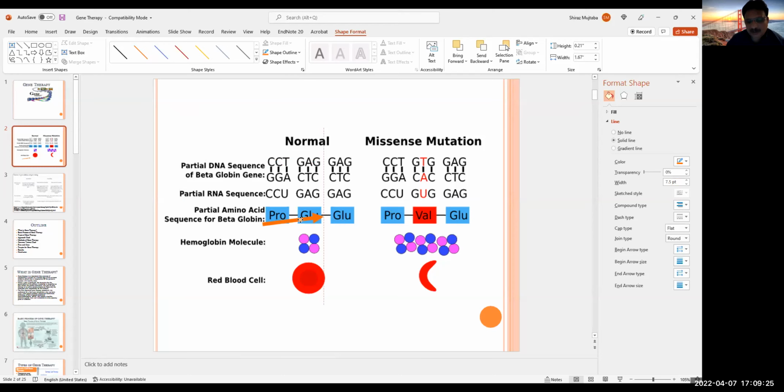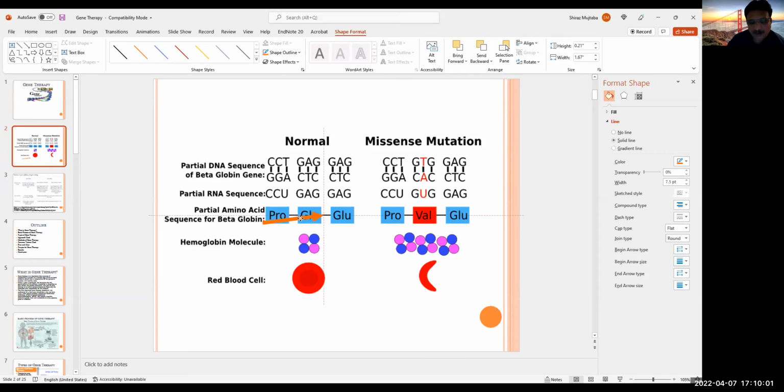Proteins are very sensitive to amino acids, particularly their side chains. Side chains offer them special chemical properties. This is a negatively charged amino acid, and this becomes a hydrophobic amino acid. A negatively charged amino acid on the surface of hemoglobin has the potential to interact with various solution buffers in the cell, but when it becomes hydrophobic, this protein can collapse, right?